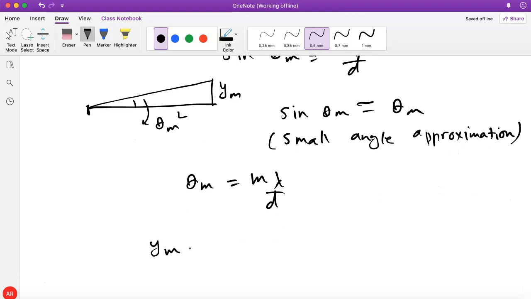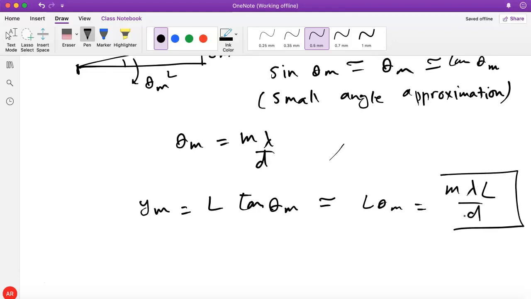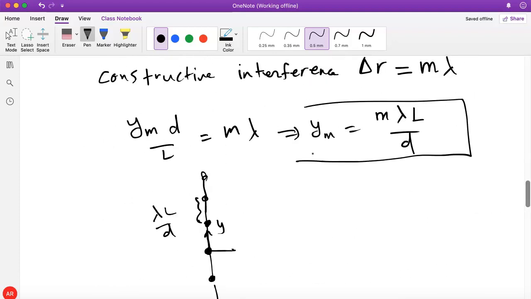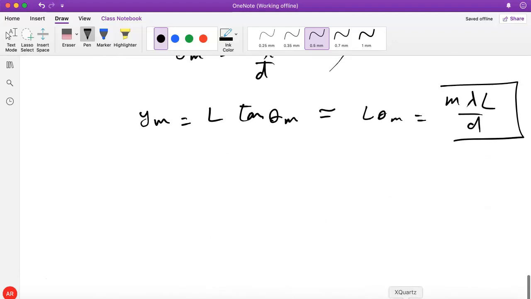And now ym is L tangent of theta m. But again, in the small angle approximation, tangent is also approximately theta. So this is approximately L theta m, and that's m lambda L over d. So it's the same result we found before using the other approach, kind of the Taylor expansion of the exact result.